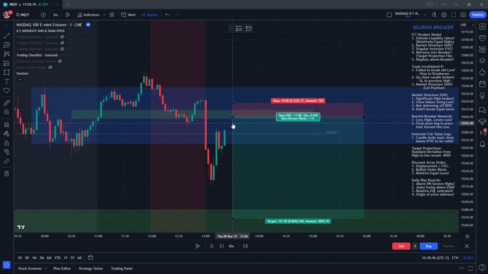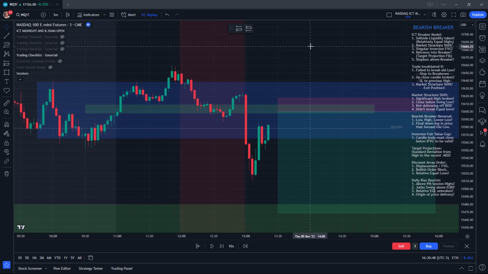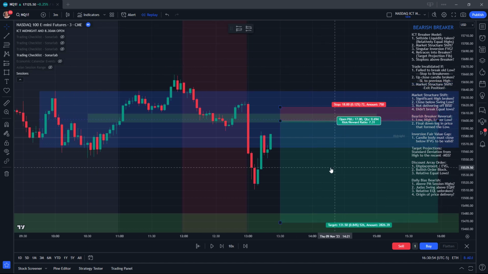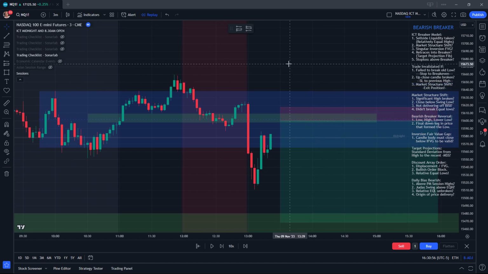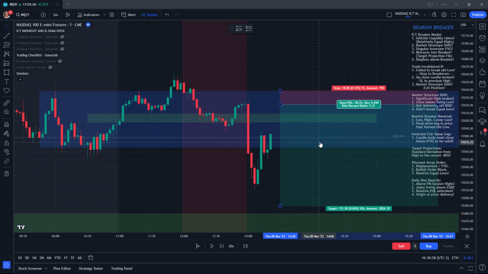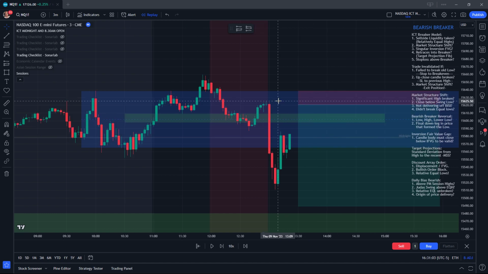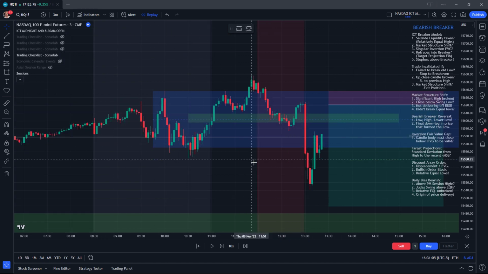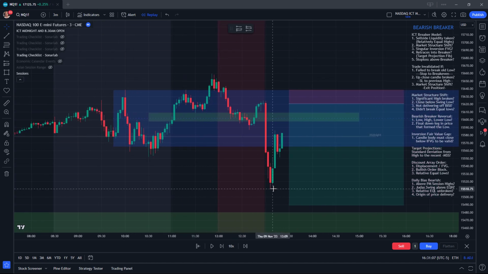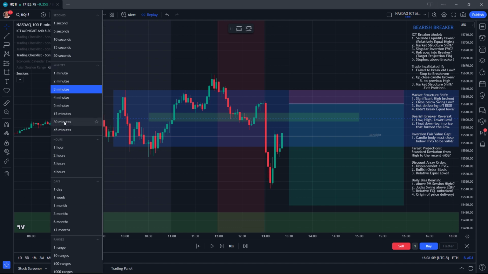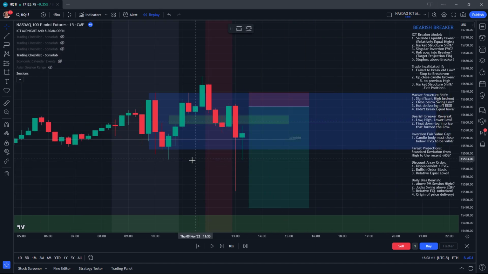Price retraces back into the breaker, and this is saying we need to have our stop loss above the breaker? Well, we're not going to be able to do that, are we? This might be one of those trades where we are not able to get filled.